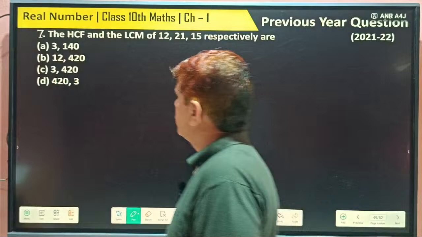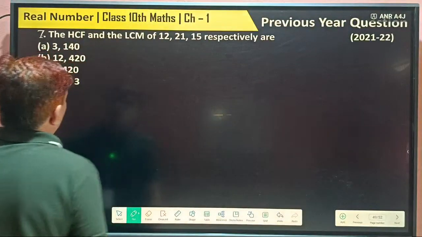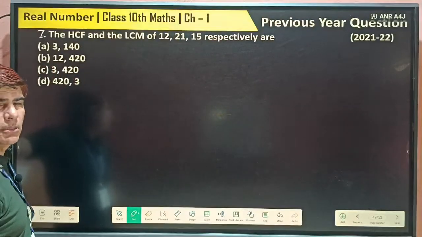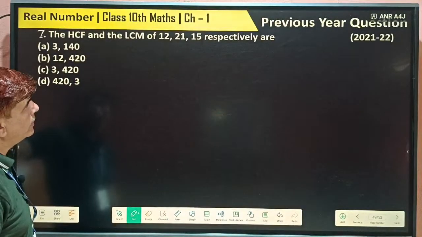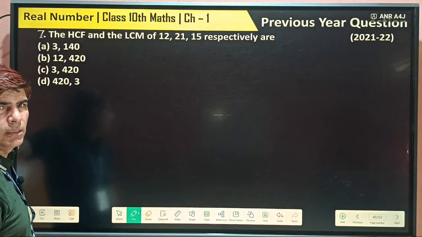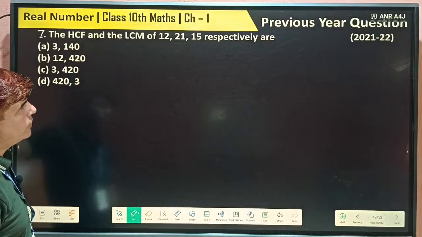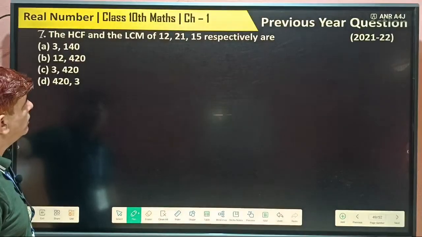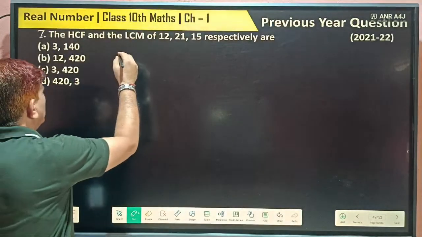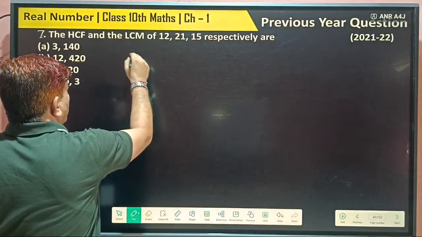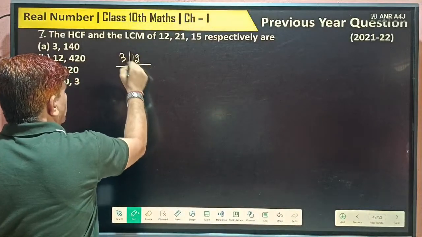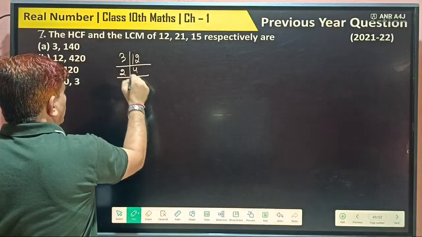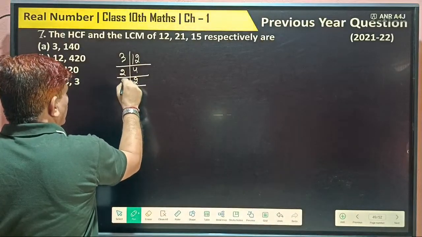What you have to find out: the HCF, meaning highest common factor, and LCM of 12, 21 and 15. So how can you find out? There are many methods. So 12, make its factors: 3 fours are 12, 2 twos are 4, 2 ones.